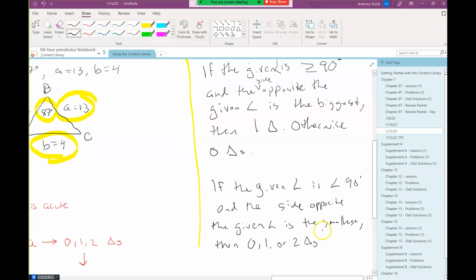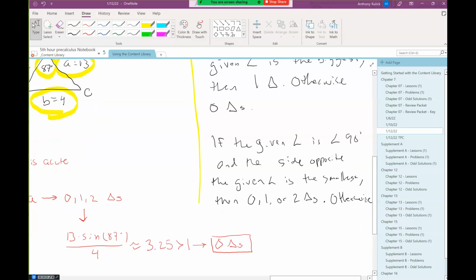So you have to do that extra step. But otherwise, if that side is the same or bigger, you get 1 triangle. So obtuse and right, it's either 0 or 1. If it's acute, it's either 1 or that 0, 1, 2 situation that requires that extra step.